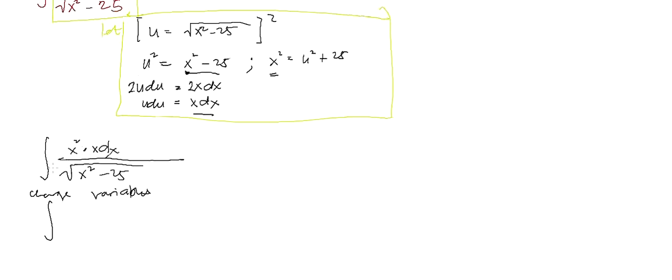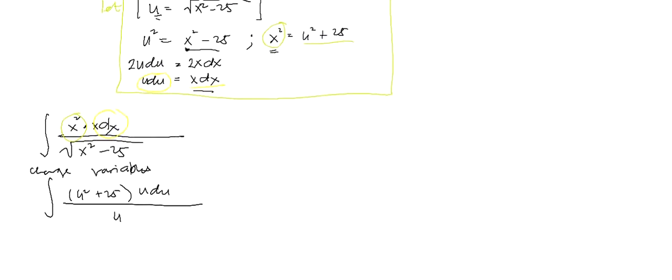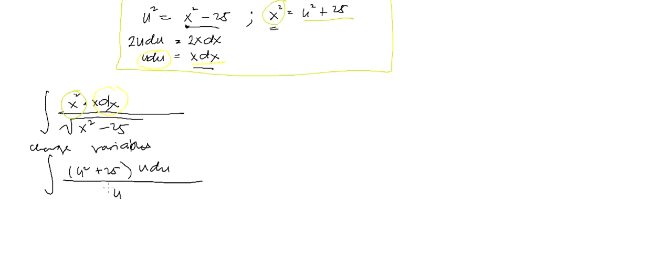Our x squared is equal to u squared plus 25, our x dx is equal to u du, and the square root of x squared minus 25 is just equal to our variable u. So we have completely changed all our variable x in terms of u.